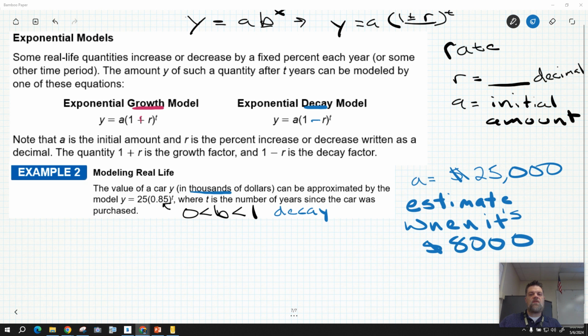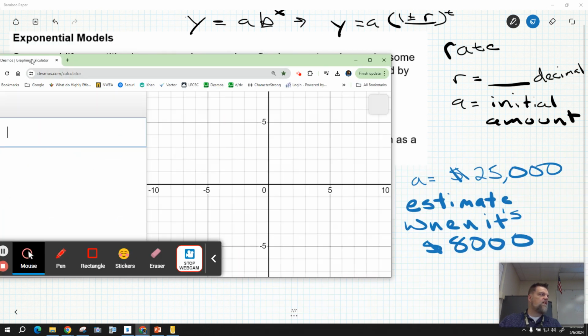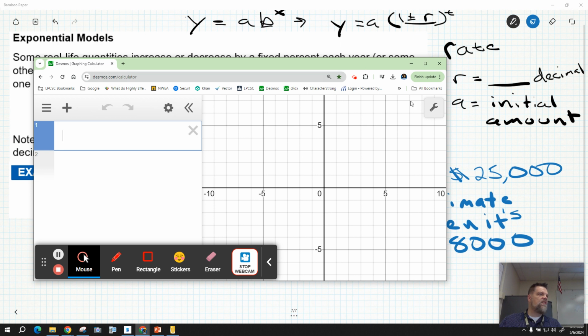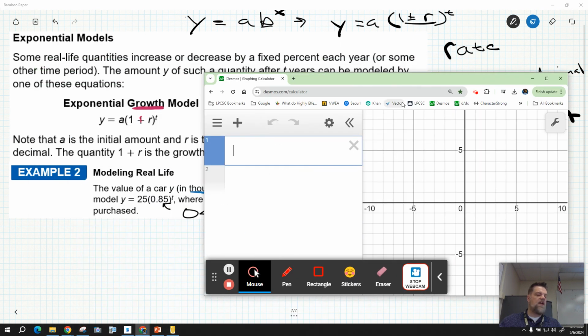So what I can do is come over here, go to Desmos, and graph the original function. I could type in 25 times 0.85, close my parentheses. Now you've got to raise this to the x.